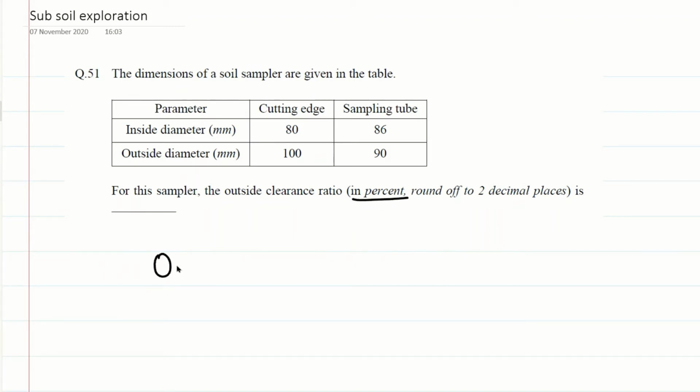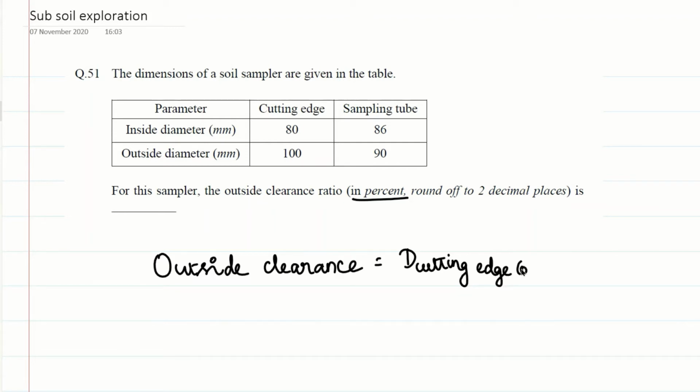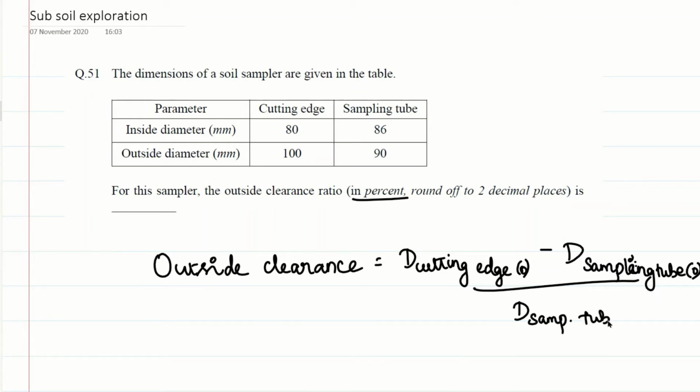So for outside clearance, the formula is diameter of the cutting edge, that too on the outside, minus diameter of the sampling tube or sampler, that too on the outer side, divided by D of the sampling tube on the outer side, into 100 you have to consider.